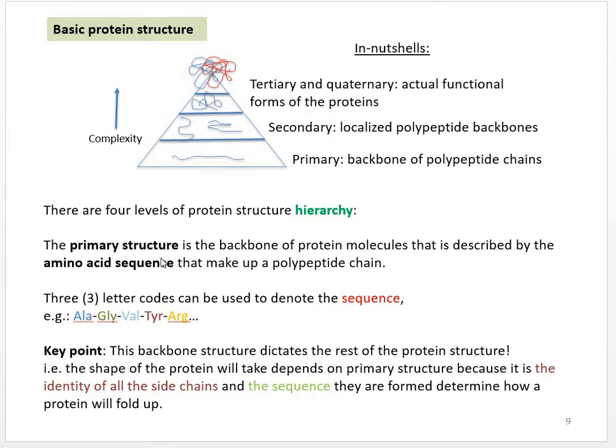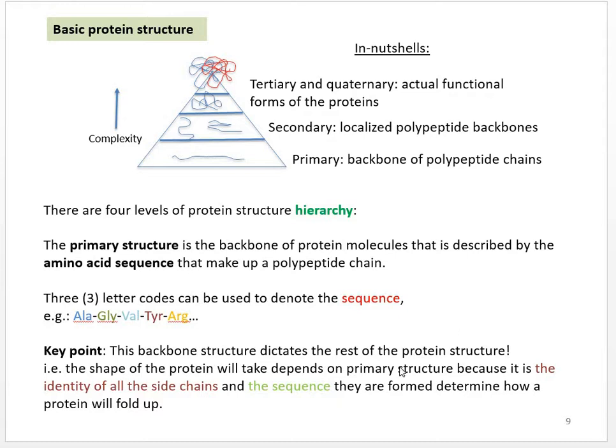Okay, we start with the primary structure. This is, as I said before, just a sequence of amino acids, a polypeptide chain. Normally we can use 3 letter codes to denote the sequence. In this particular example given there: alanine, ALA, and then glycine, valine, etc. The key point from this is the backbone structure, whatever constitutes this long chain of polypeptides.